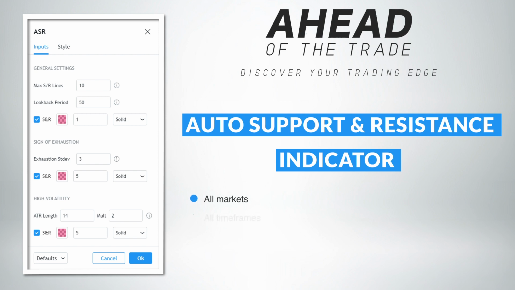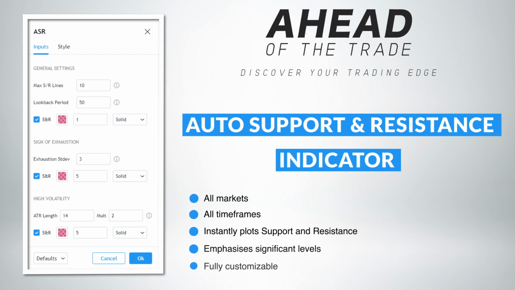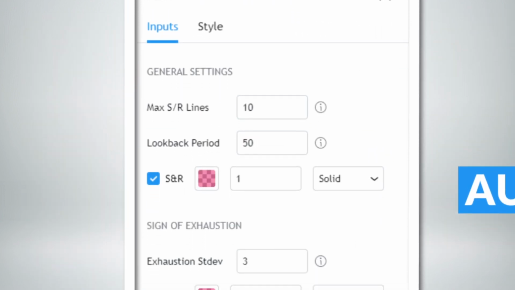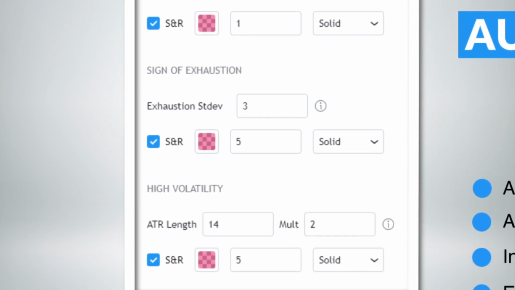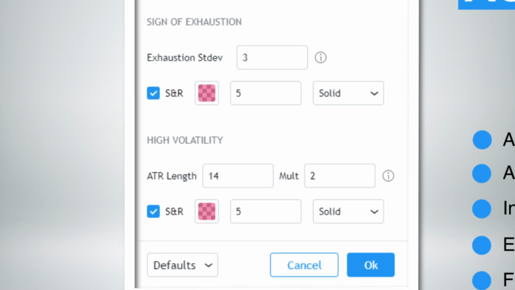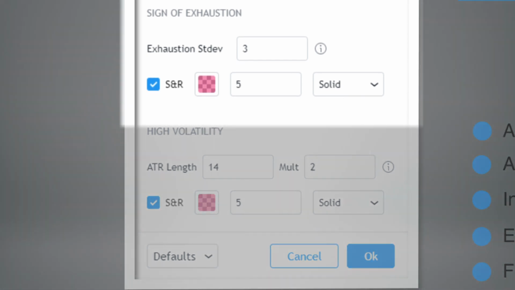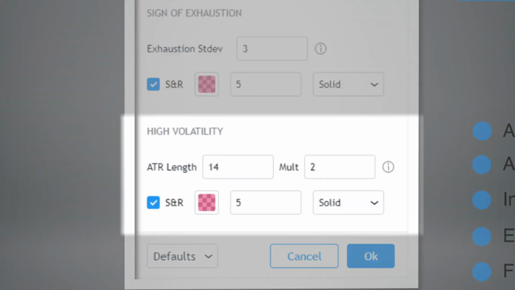It determines relevant support and resistance levels based on mathematical fractal theory in combination with historical data and can save you time and stress by eliminating the discretion when it comes to plotting support and resistance levels. It has been designed to plot levels of support and resistance on your chart and to also emphasize the levels that are likely to be of most significance due to them being formed in confluence with either price exhaustion or periods of unusually high volatility.